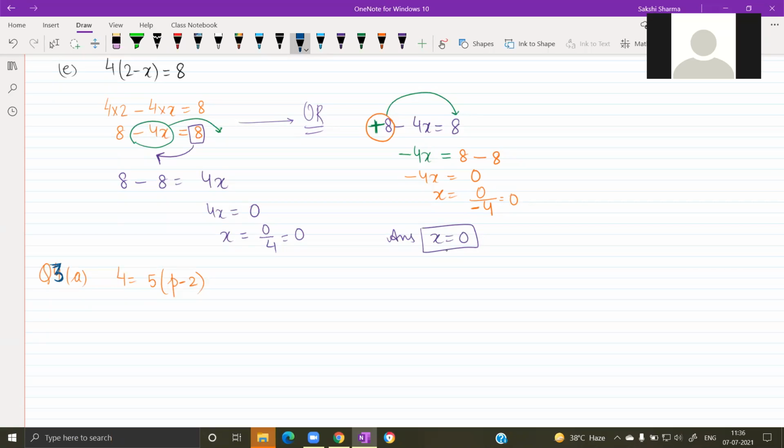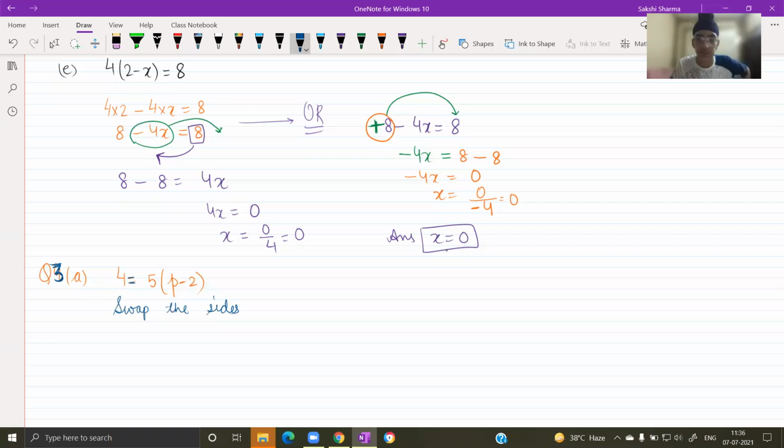There is something I usually do, which you can also apply if you want. It's not compulsory, but if you want, you can do that. Because the variable in the equation is appearing on the right hand side, what I can do is swap the sides.